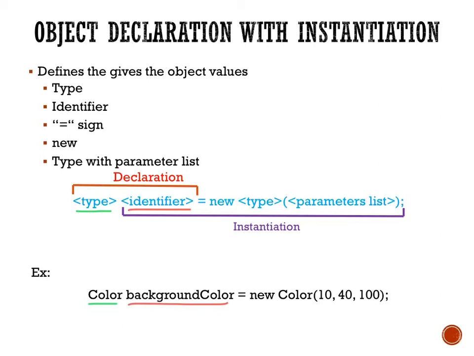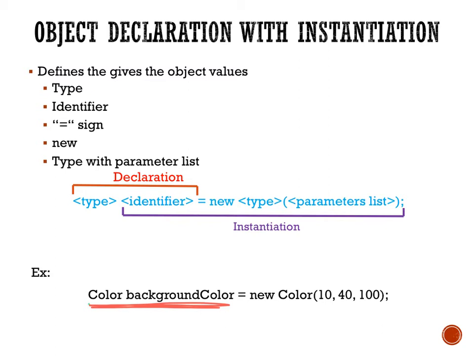I have my type, I have my identifier, I have both pieces of my declaration right here underlined in red. So that piece right there underlined in red is my declaration. My type is a color type object, and my identifier or my unique name is background color.